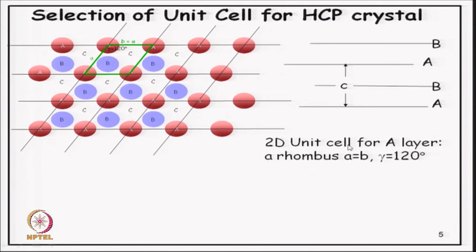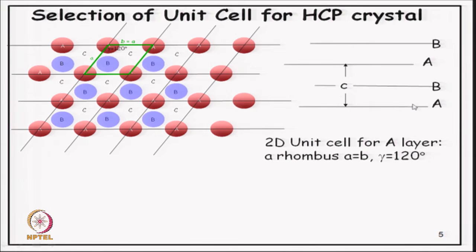So, a equal b, equal to the diameter of the atom, and the angle gamma between them is 120 degrees. So, this becomes the two-dimensional unit cell of a given layer, but of course, the crystal structure is three-dimensional.